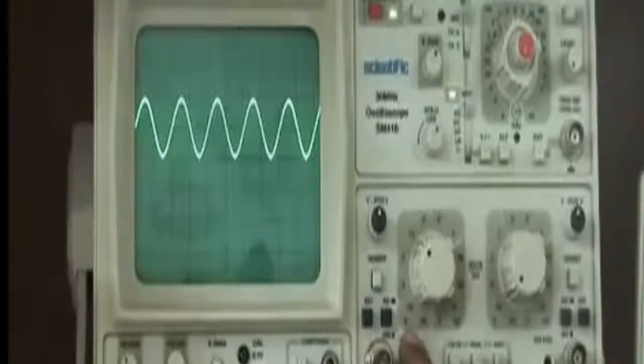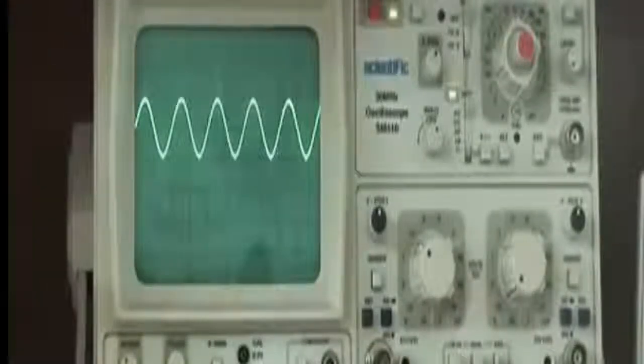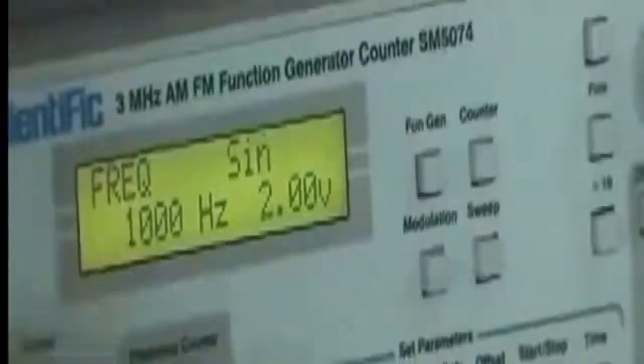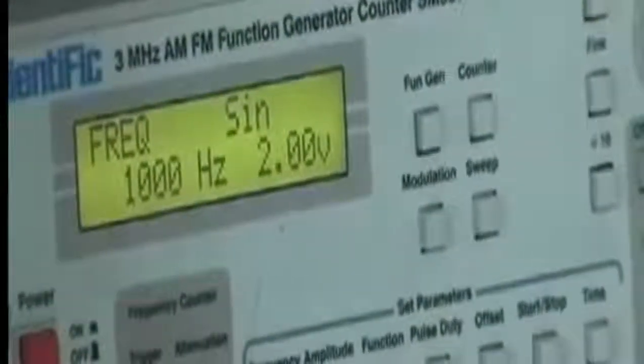We were generating a signal with an amplitude of 2 volts. Now we are getting a signal having an amplitude of 1.9 volts. So what happened to the 0.1 volt? It happened when we transmitted this signal from this wire to this CRO. This wire has some resistance, and wherever there is resistance there will be a voltage drop.